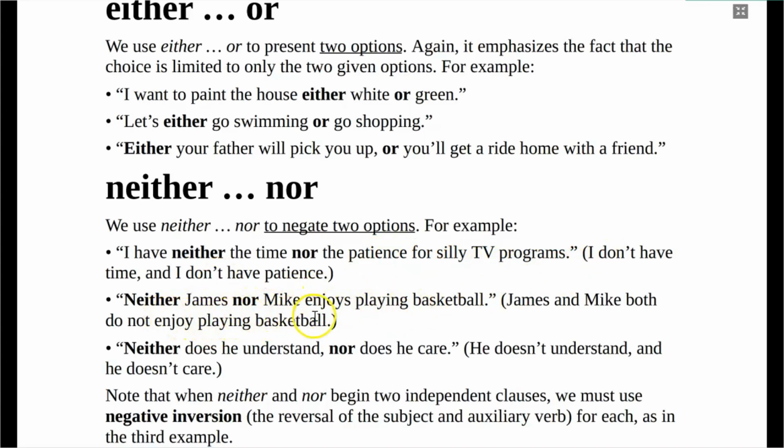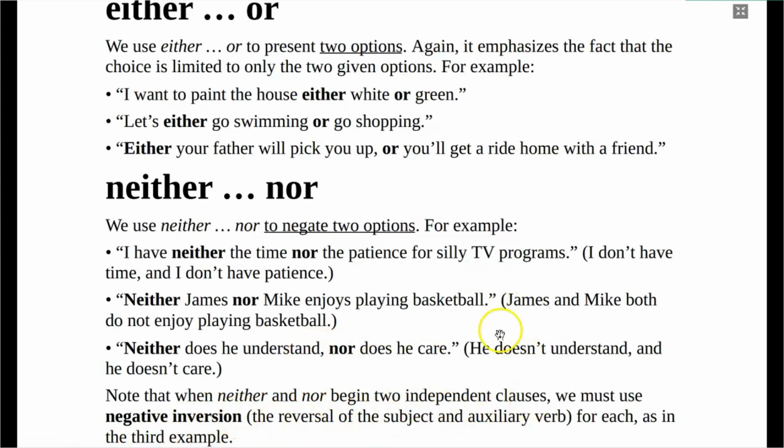Neither James nor Mike enjoys playing basketball. It means James and Mike both do not enjoy playing basketball. Neither does he understand nor does he care. It means he doesn't understand and he doesn't care. Note that when neither nor begins two independent clauses, we must use negative inversion.